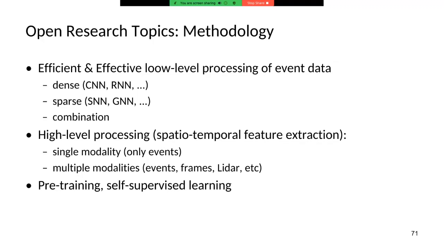They take a pre-trained checkpoint from ImageNet, or they have self-supervised techniques. They can train on video data or image data, and this really reduces your development time and improves your results. But we don't have such things yet in event-based vision, and this is also an open question in my opinion.